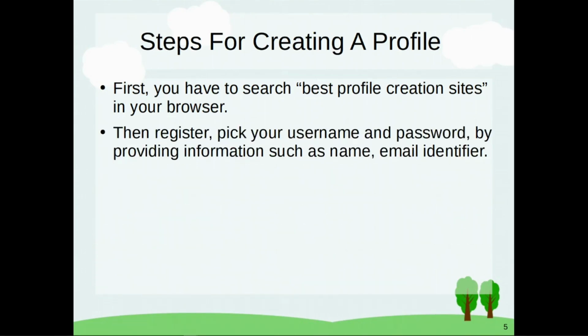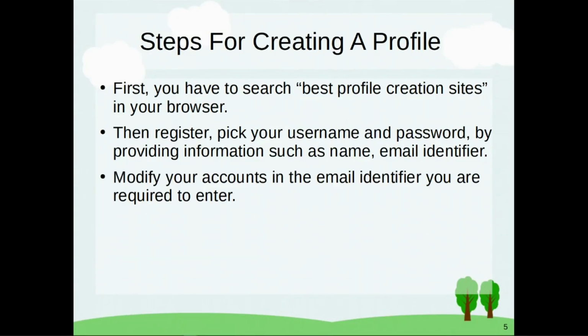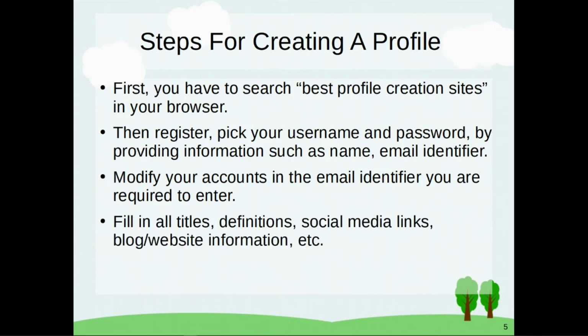Then register, pick your username and password by providing information such as name and email identifier. Then modify your account, and fill in the titles, definitions, social media links, blog links, website information, etc. So these are the steps to create a profile, and let's see it online.